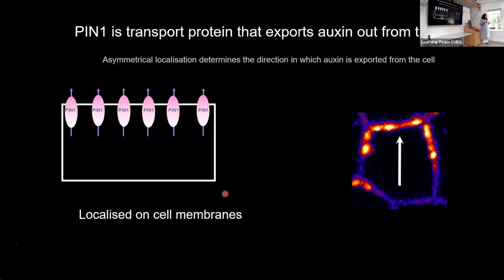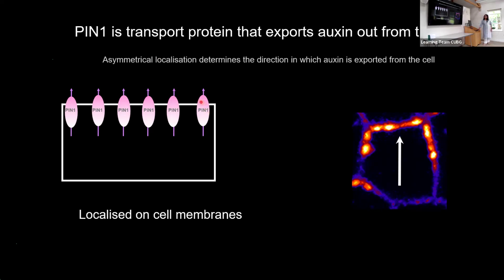Now, what is this pin protein and why is this important? This pin protein is actually a transport protein. It's like a pump which, when localized on this side of the membrane, transports the plant hormone auxin outside of the cell into the neighboring cells.